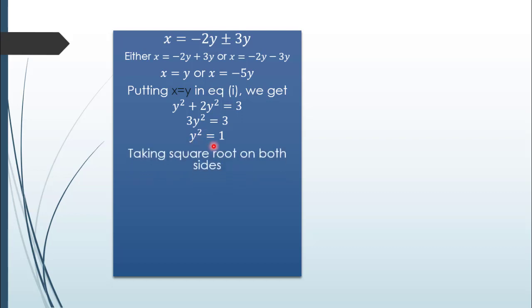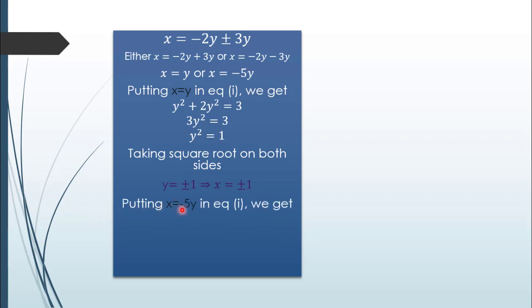Taking square root on both sides, we get y is equal to plus minus 1. Since y is equal to x, we can say that x is also equal to plus minus 1. When y is positive, x is positive. When y is negative, x is also negative.